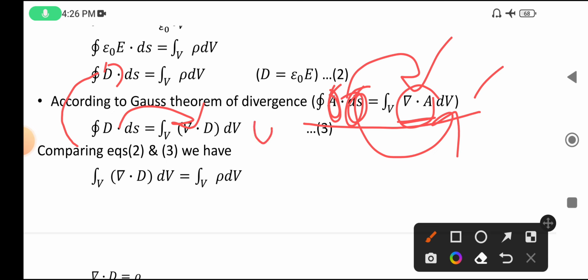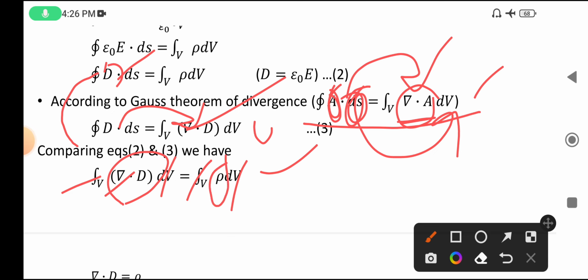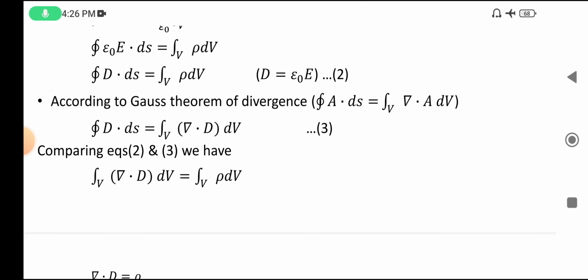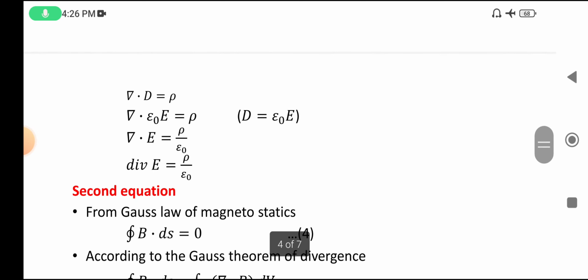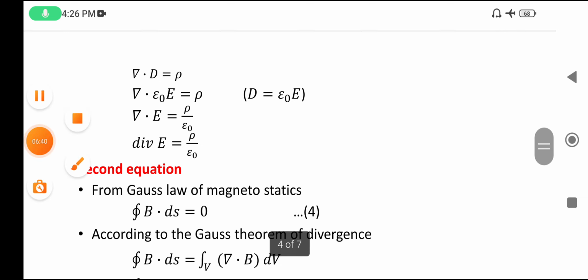Now substitute this value here. These two are equal. It is integration, this is dV, it is also dV. Now in the place of del dot D, what do you have? Rho. So the final answer is del dot D is equal to rho only. Okay friends, that is how it has come.